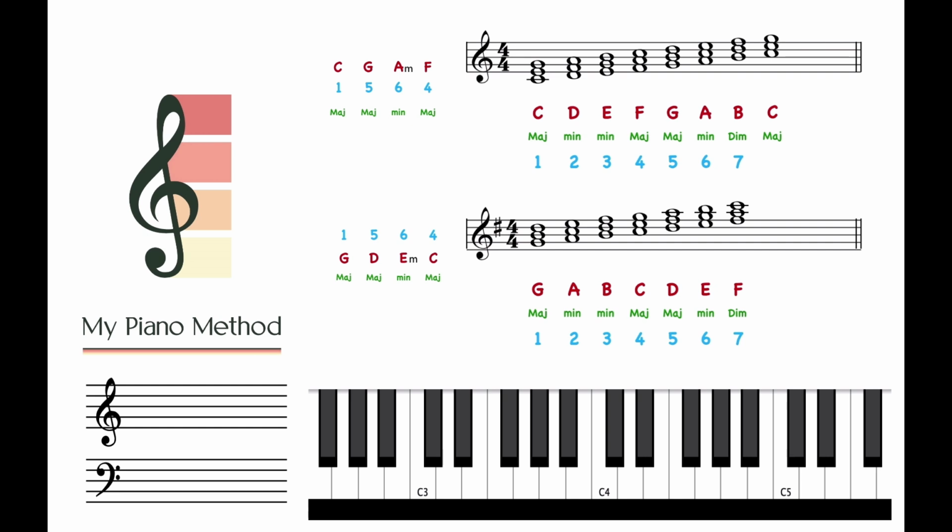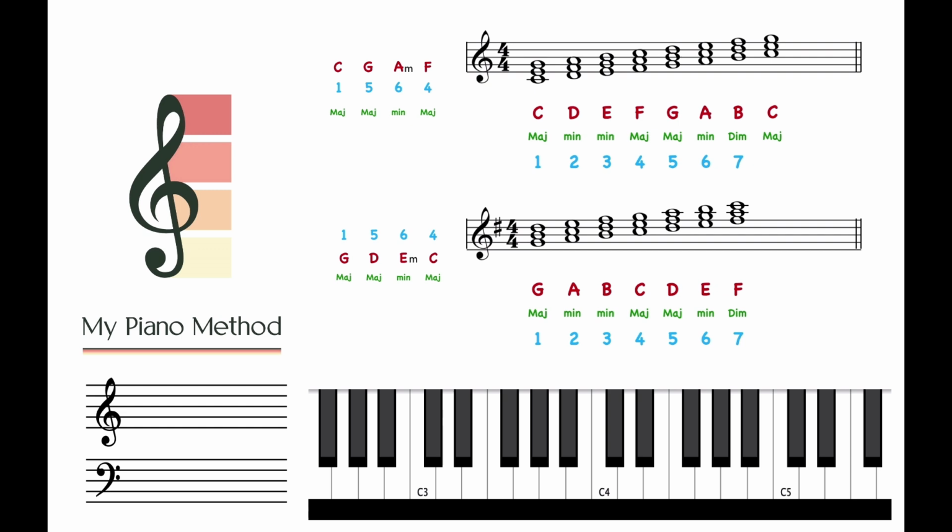If I was to play them slowly in root position, so this would be C major. And this would be G major. So you can hear they sound exactly the same. It's just the pitch has changed depending on what key you're in. And this 1-5-6-4 chord progression can be played in any of the keys.